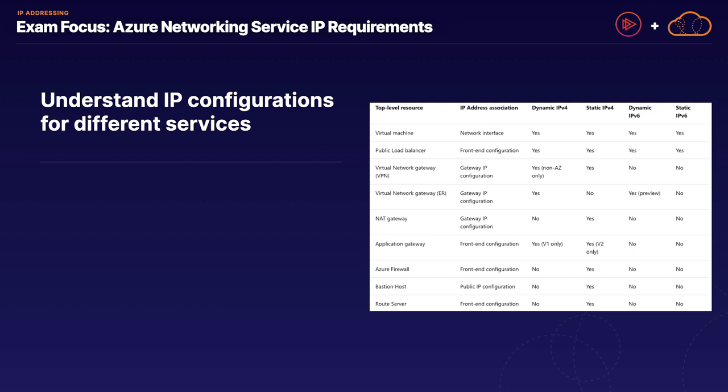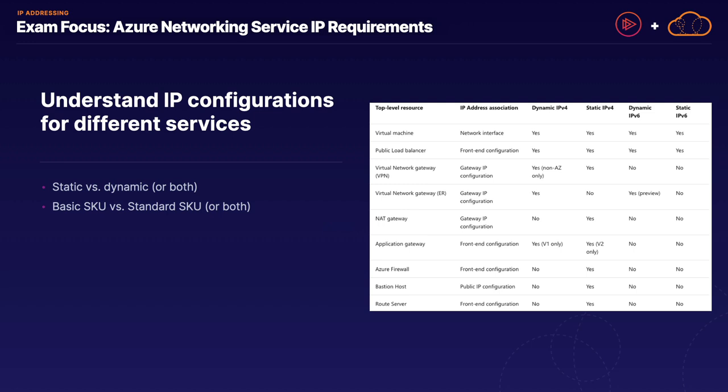For example, for different managed services such as load balancers, virtual network gateways, NAT gateway, etc., you need to know which managed services require only static addresses or static and dynamic, and which SKUs are possible for different services, such as a basic SKU, standard SKU only, or maybe both. For example, on the right side, we can see that NAT gateway does not allow dynamic IP addresses and is static only, and we will also talk more about those services later on when it comes to the SKU that is required for those services as well.